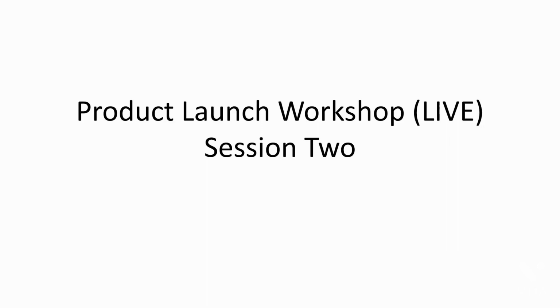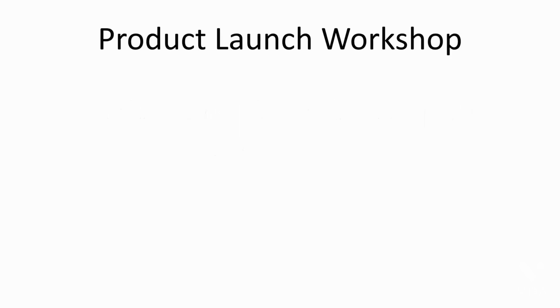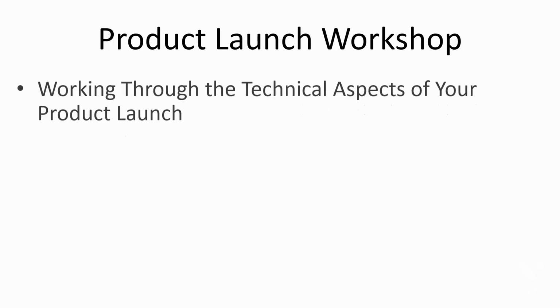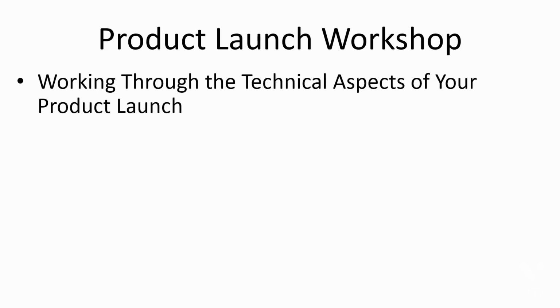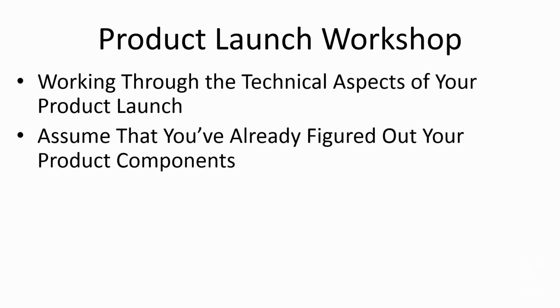Okay, so this is Product Launch Workshop Session 2. This is the live workshop, and what we're going to talk about is the same kind of a continuation of what we talked about last week. We're going to be working through the technical aspects of your product launch. And of course, we assume that you've already figured out what your product components are.